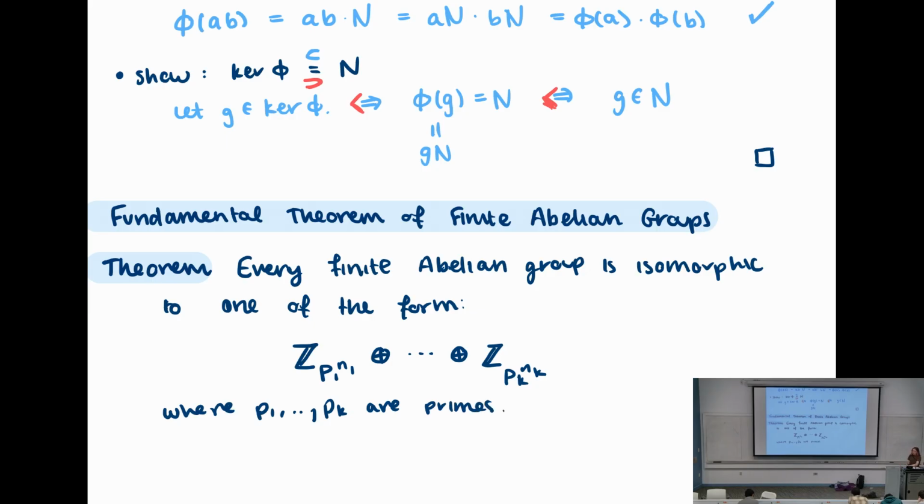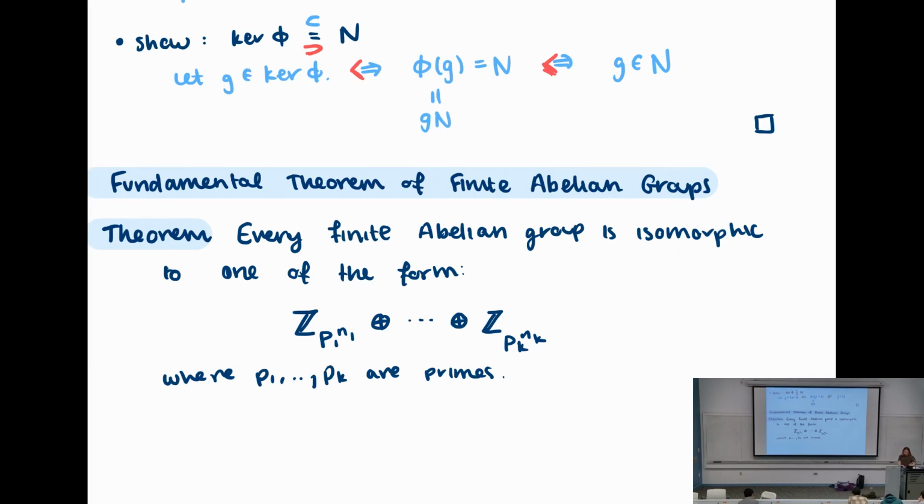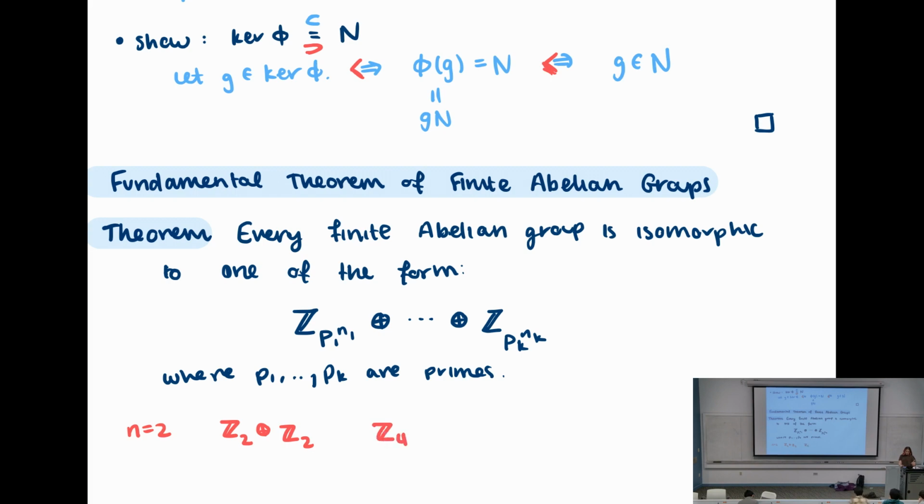Okay, the primes appearing need not be distinct from one another, so we've seen that, for example, when n is equal to 8, we have Z2 direct sum Z2 and Z4, right?